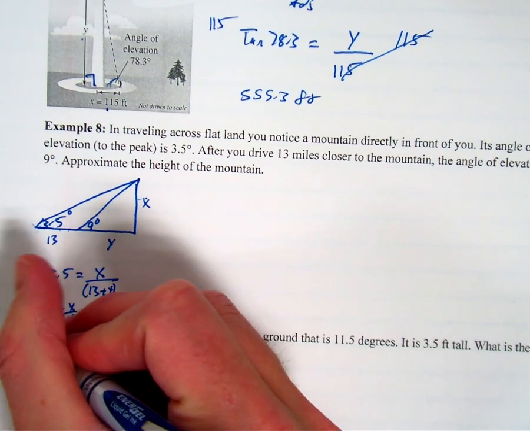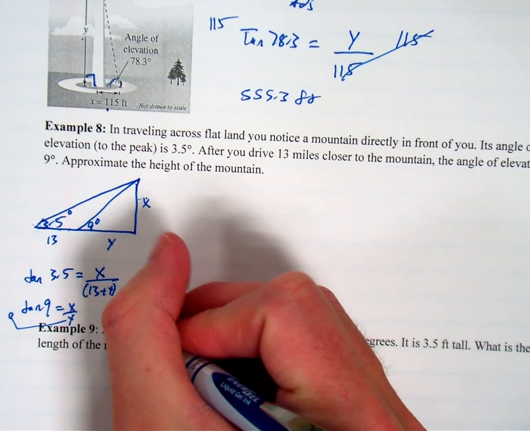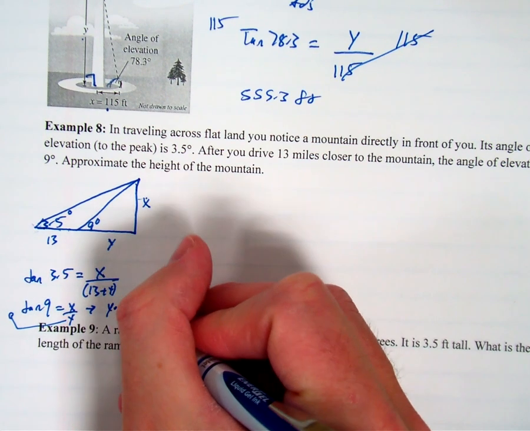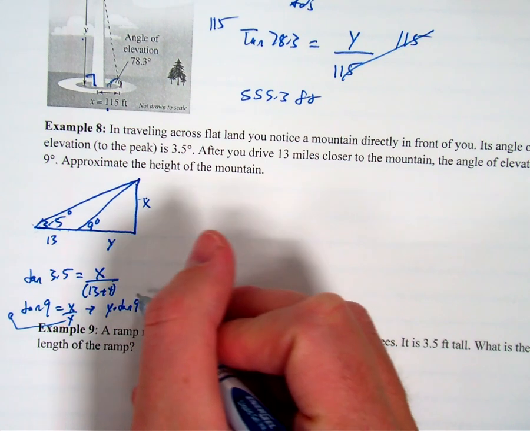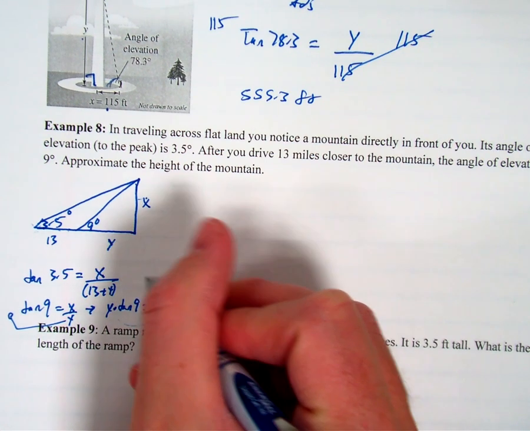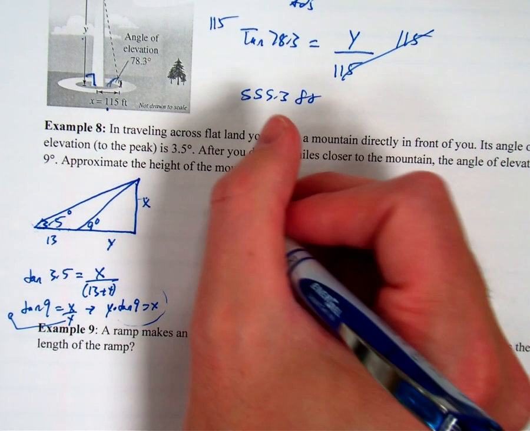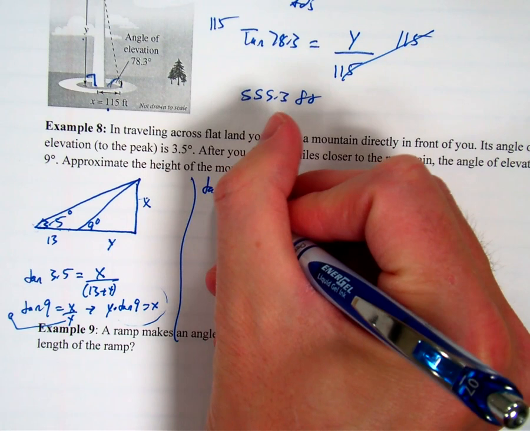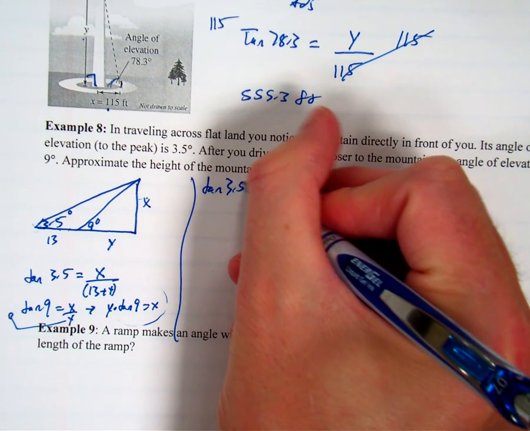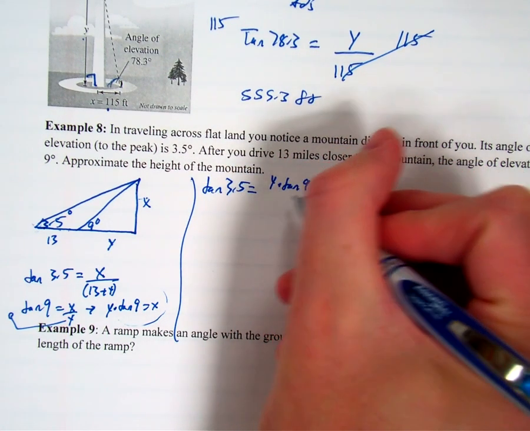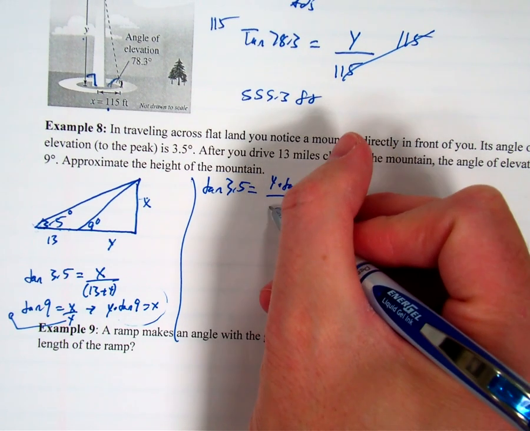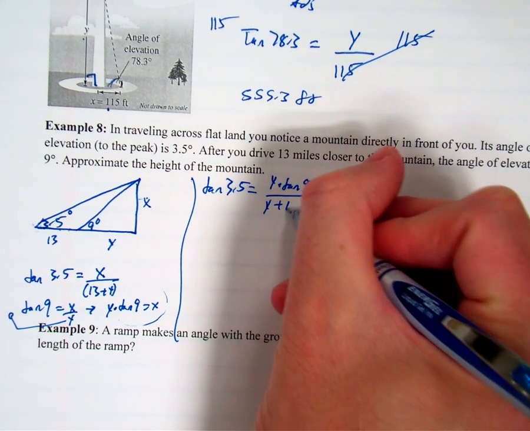We're going to multiply this y up. y times tangent of 9 equals x. And now we're going to do a little substitution: y times tan 9 over y plus 13, or 13 plus y.